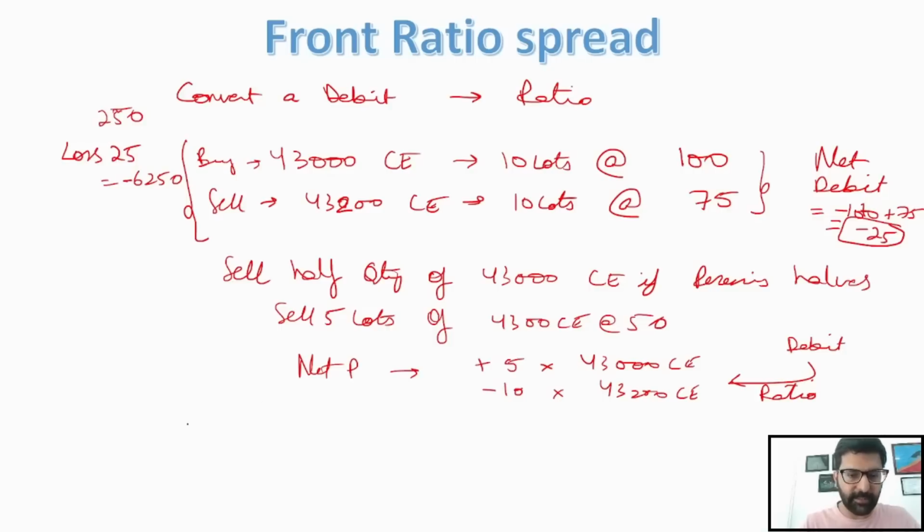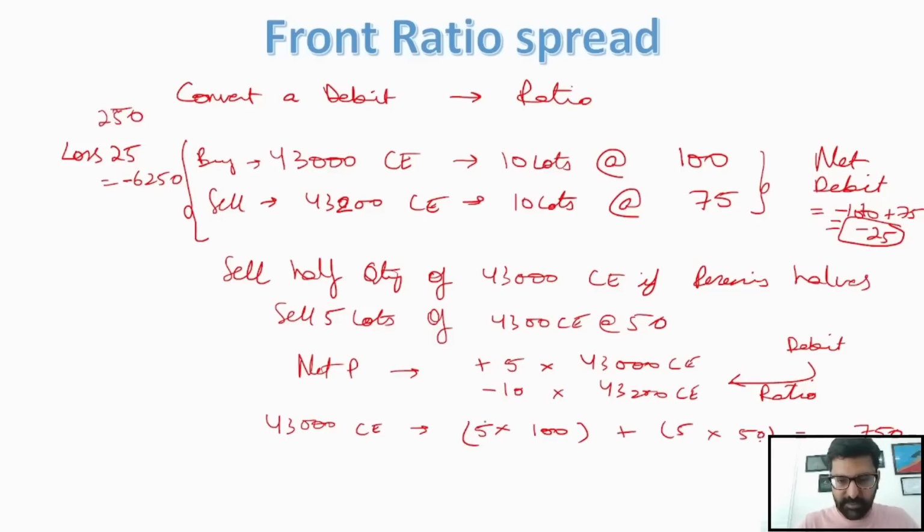So what will be the PNL in this case? Let's do a quick calculation. On the 43,000 call, 5 lots will incur a loss of 100 points, and in another 5 lots we'll incur a loss of 50 points because we exited half at 50, correct? So this will come out to 500 plus 250, so this is minus 750, correct?